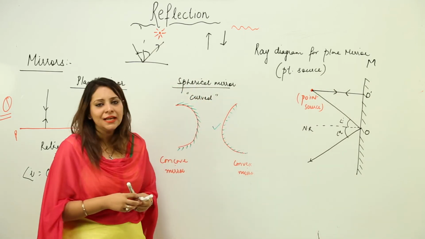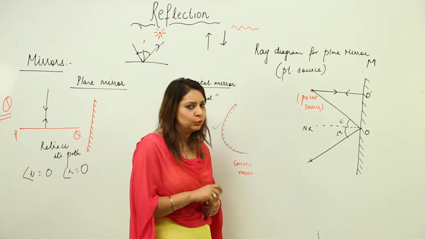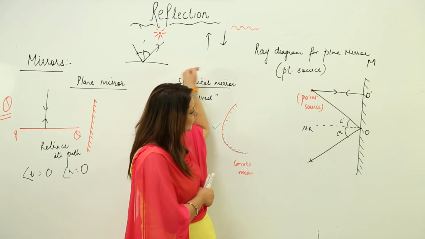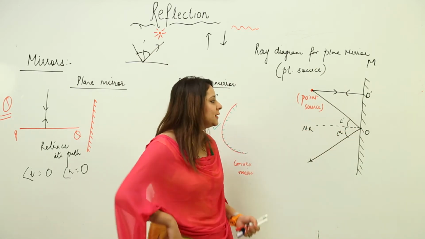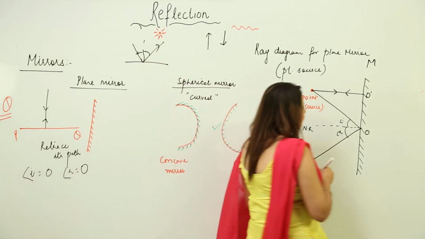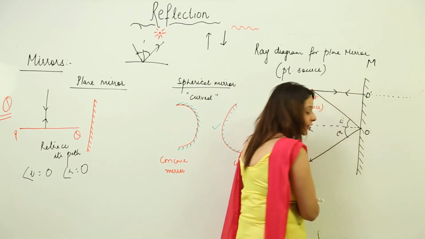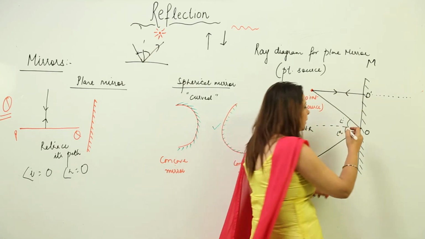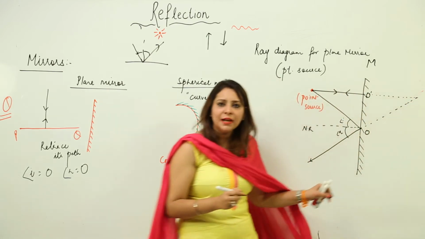So do you see that the reflected rays are meeting at any point? No, we can't see, because one reflected ray is being reflected in this direction and the other reflected ray is moving in this direction. They are not meeting at any point. But if we produce them hypothetically behind the mirror, like if I extend this reflected ray behind the mirror like this, and this reflected ray like this, can you see that they are meeting now?